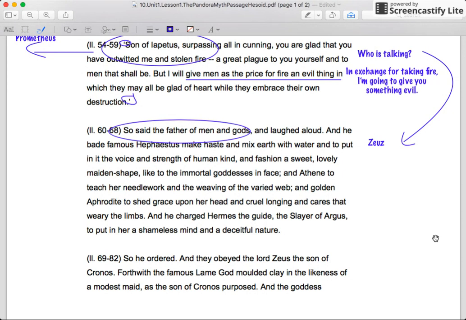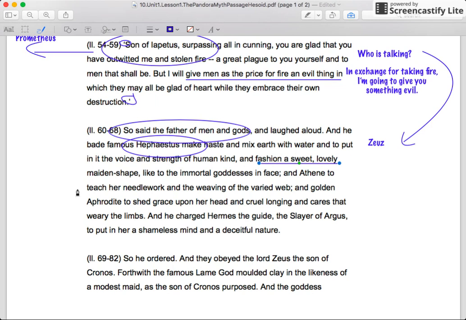And he bade famous Hephaestus to make haste and mix earth with water, to put in it the voice and strength of humankind. So Hephaestus is doing this work. So I'm going to just circle this because Hephaestus is another character. And he's mixing earth with water to put in it the voice and strength of humankind, and fashion a sweet, lovely maiden shape, like to the immortal goddess in the face.